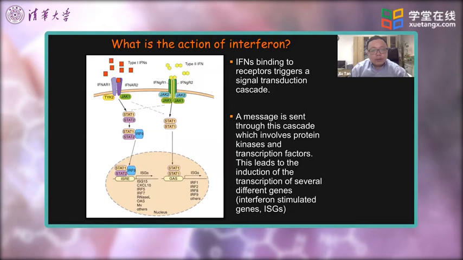As you can see, the JAK protein kinases are involved in this downstream event, which eventually activates transcription factors such as STAT1 and STAT2, as well as the IRF9 transcription factor downstream of type 1 interferon. And STAT1 can form homodimers, which are activated by type 2 interferons.